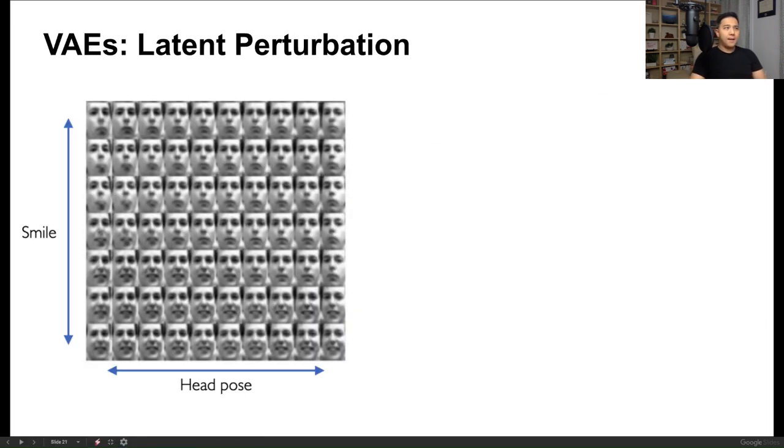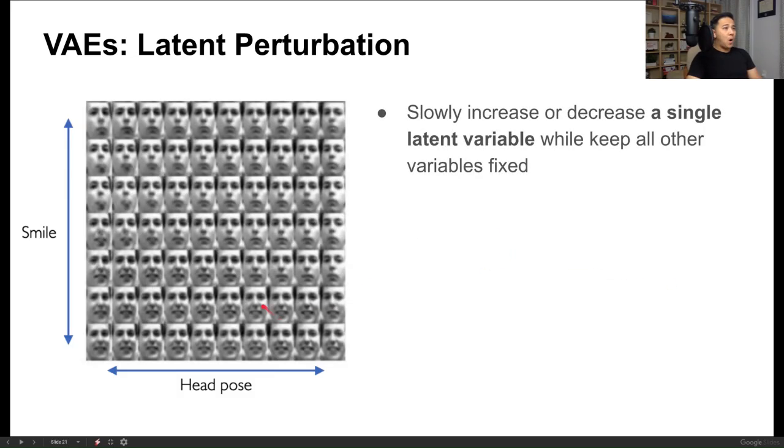Okay, so VAEs are really cool when you start manipulating or perturbing the latent representation, right? Let me explain. If you keep all variables fixed and slowly increase or decrease a single latent dimension, what is really interesting is that it starts producing a noticeable visual effect of the changing of that particular latent variable.